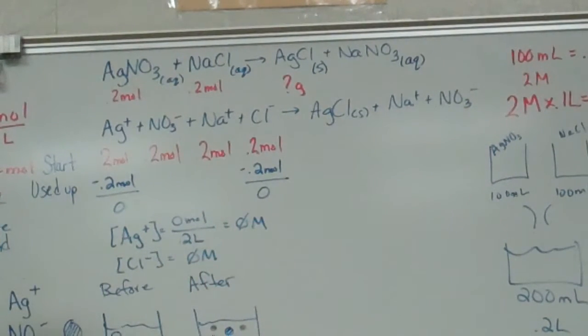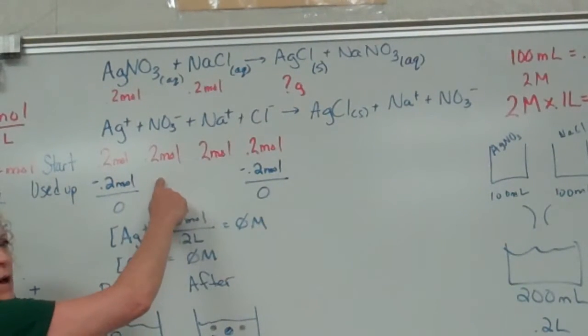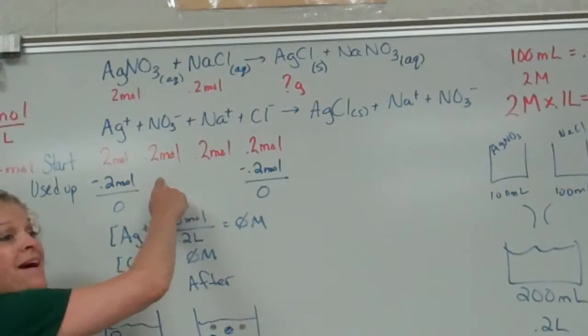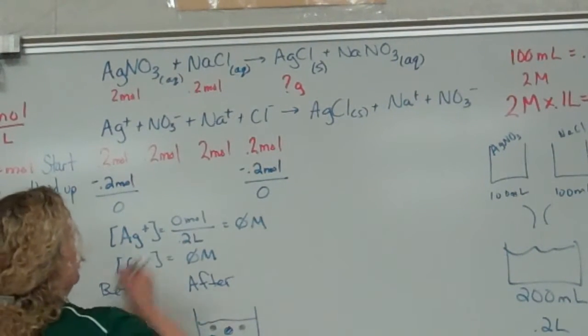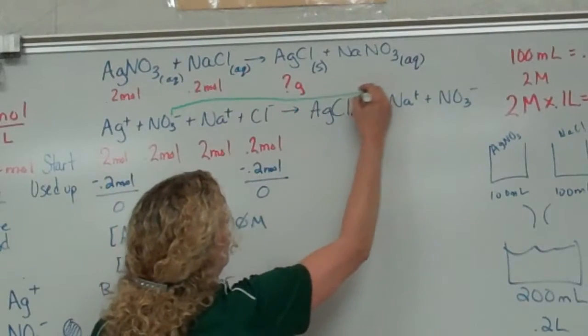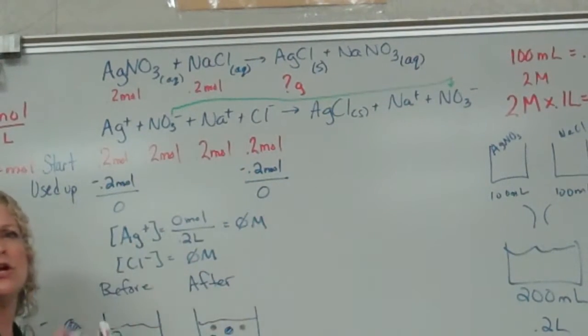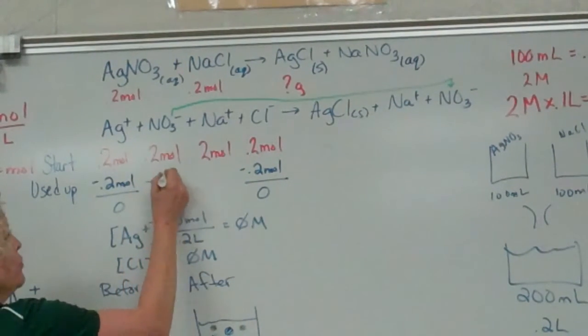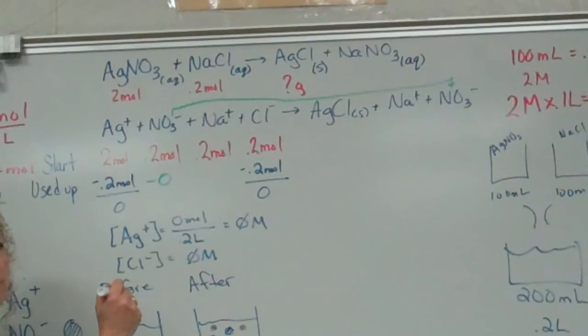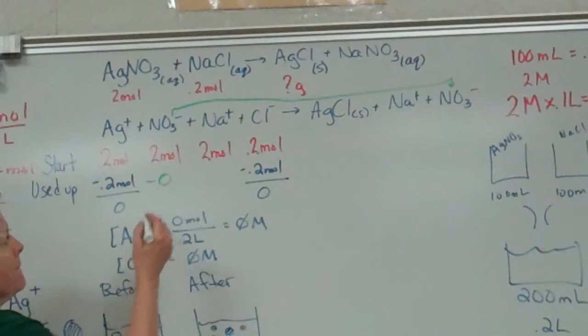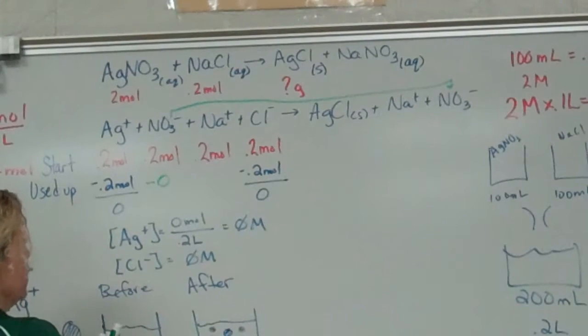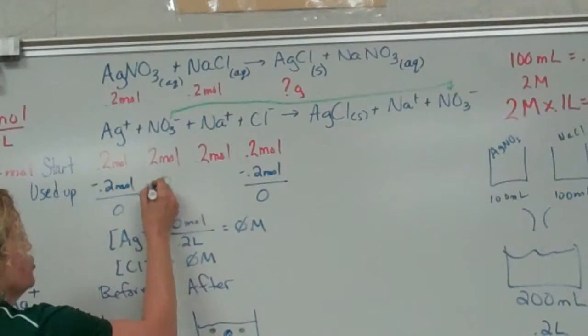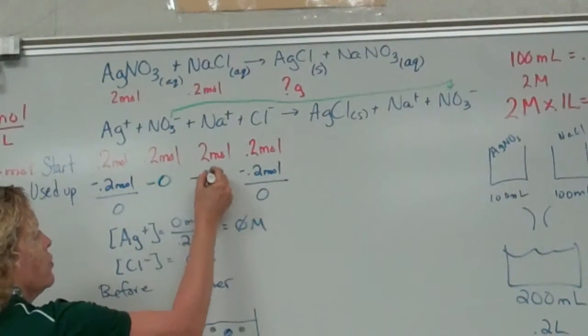Everybody with me? Okay. Now let's look at our nitrate. How much was used up? None. The nitrate, if you look from here over to here, there's absolutely no change at all. None was used up. Is the green showing up? Not really, okay? So none of the nitrate was used up and none of the sodium was used up.